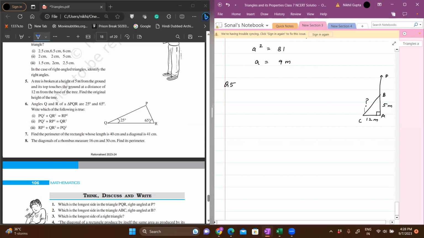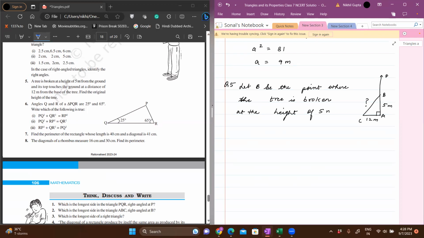You can write down: let B be the point where the tree is broken at the height of 5 meters from the ground.